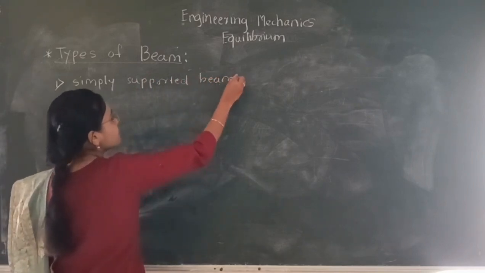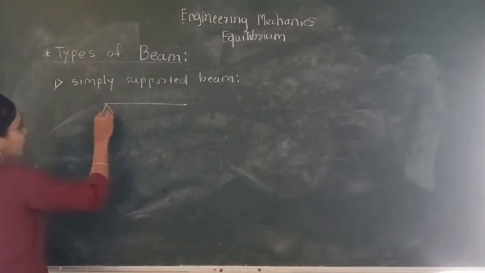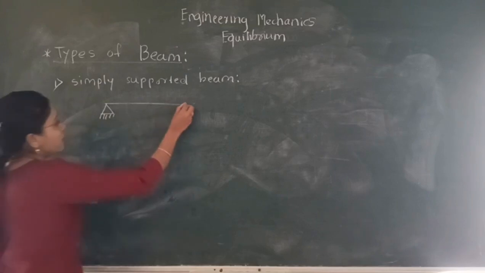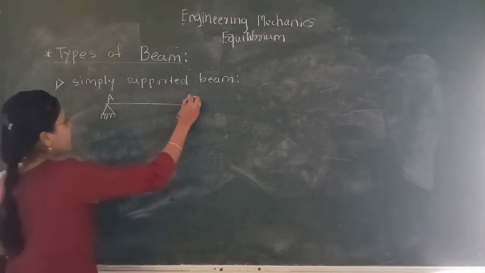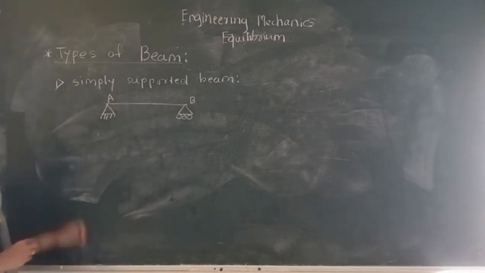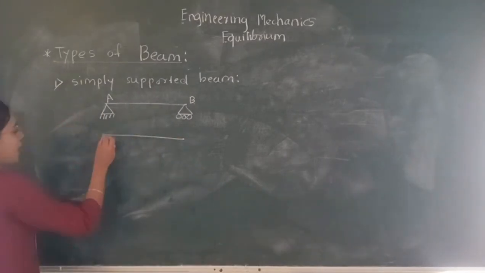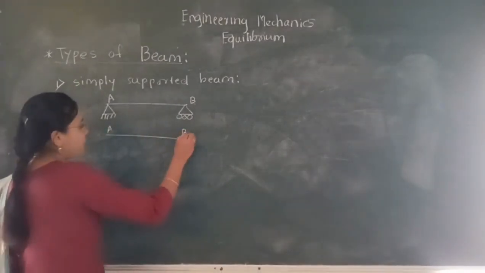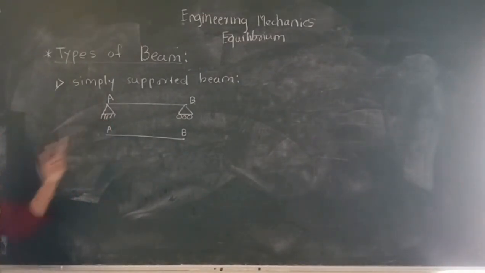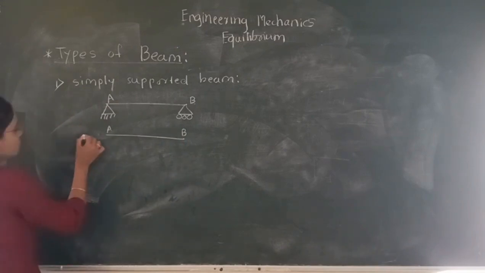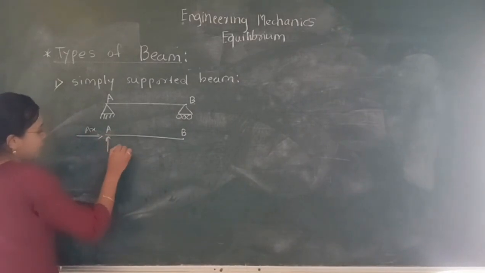A simply supported beam has a hinge support at one end and a roller support at the other end. So this is support A, support B. If we draw the free body diagram for this beam, we can draw it for supports A and B. As A has the hinge support, and a hinge support shows two restricted reactions, that is in the X direction and in the Y direction.